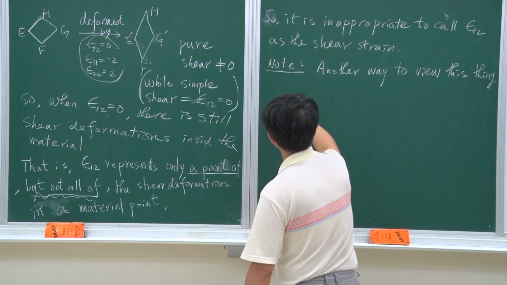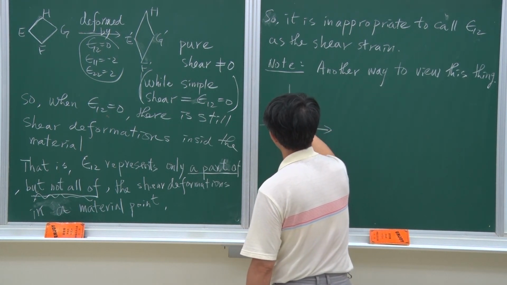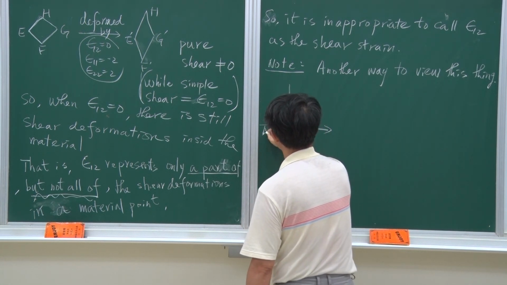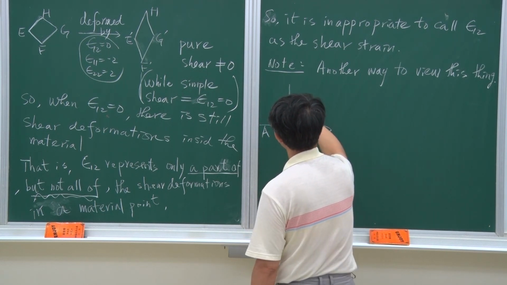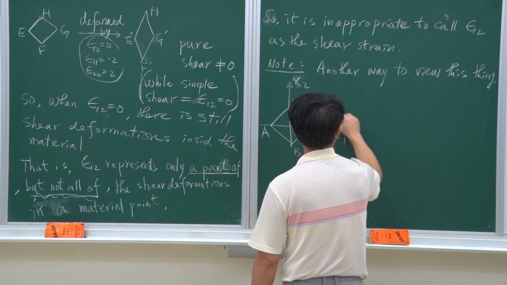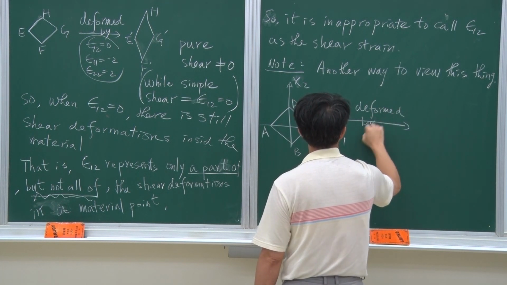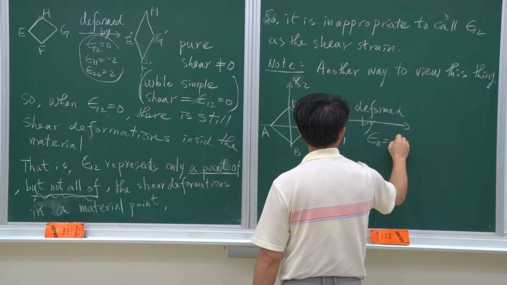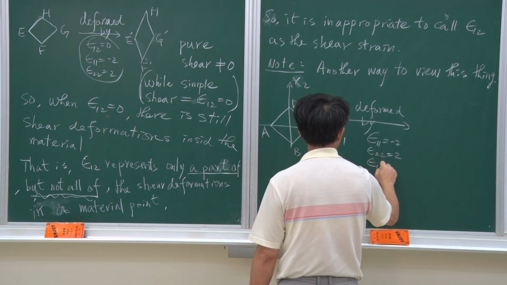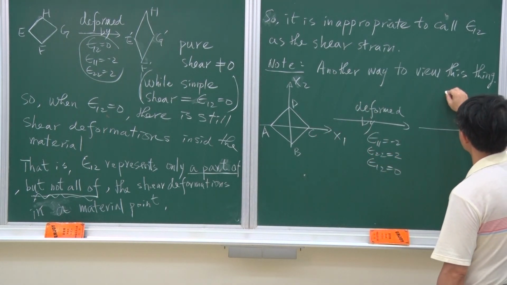For example, if we consider a material like this, A, B, C, D, deformed by absolute 1, 1 equal minus 2, absolute 2, 2 equal 2, absolute 1, 2 equal 0. And then you can see it very easily.